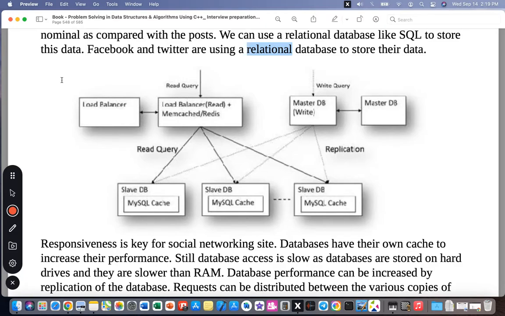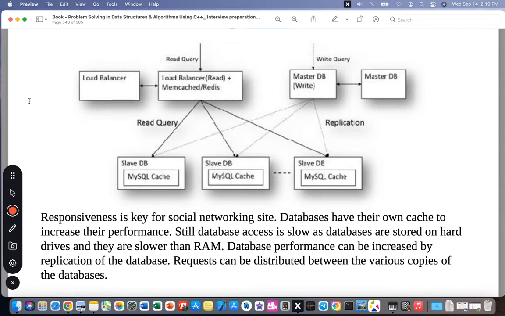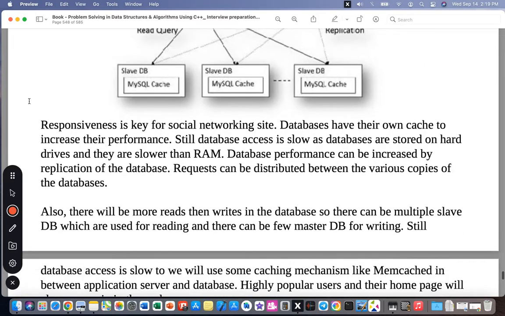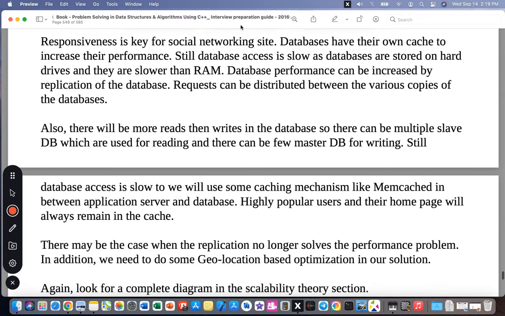So until now, we ended with this design. Responsiveness is the key for a social networking site. Responsiveness, the response time, how quick it is, right? Databases have their own cache to increase their performance.